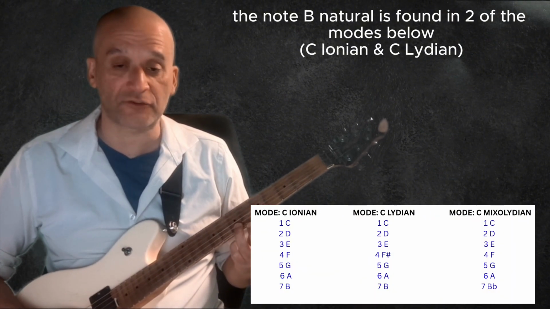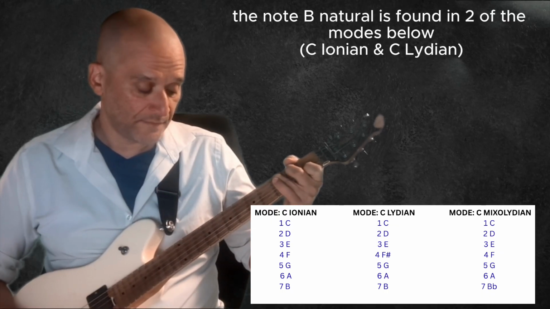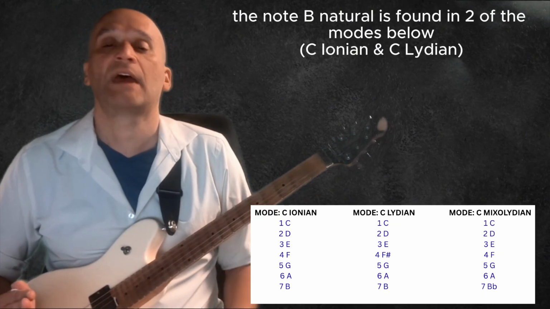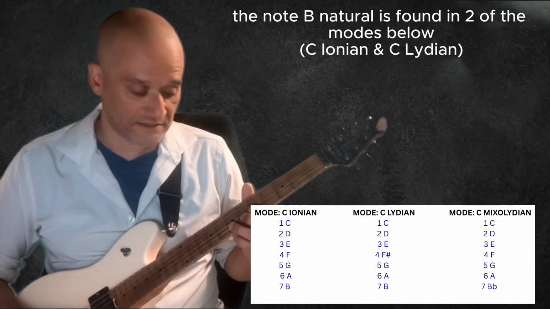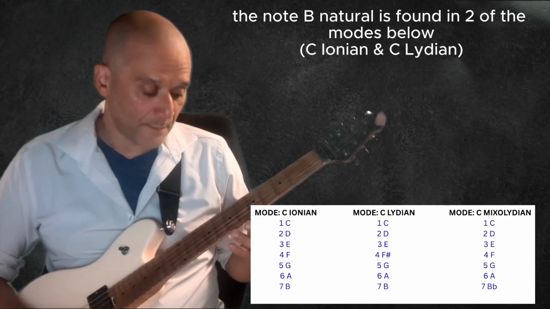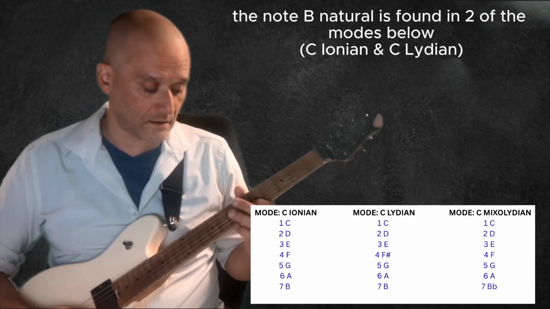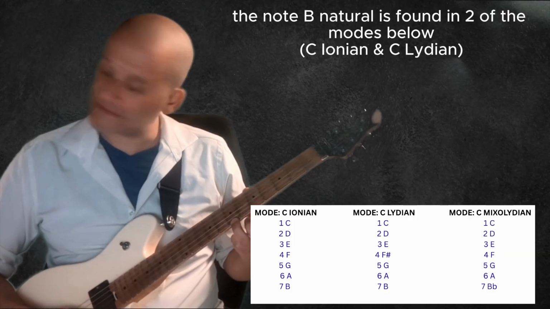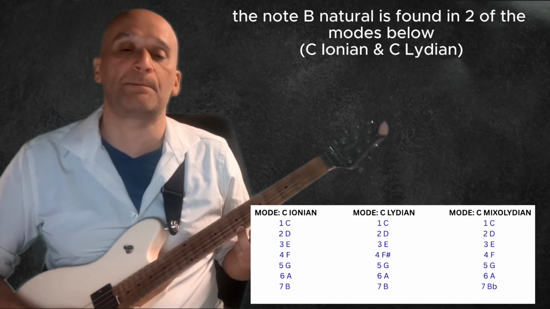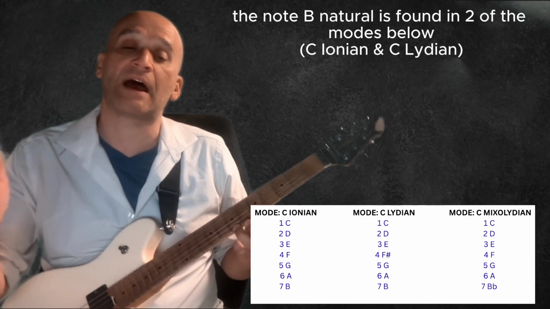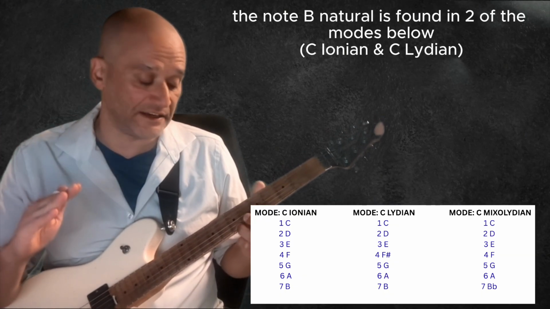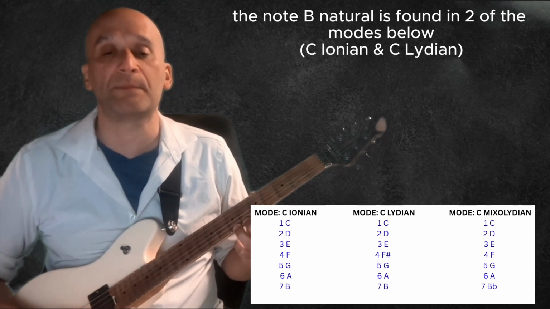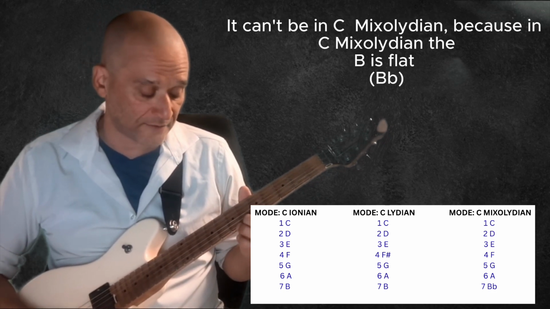Yeah, I'm leaving out the F sharp right now, which is actually the most crucial note of C Lydian. But for right now, my point is that we can certainly deduce that by having a B note included here, it comes out of C Ionian or C Lydian. But it most certainly cannot be Mixolydian because Mixolydian has a B flat.